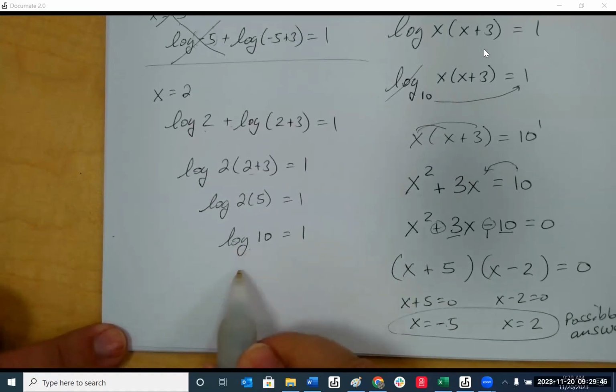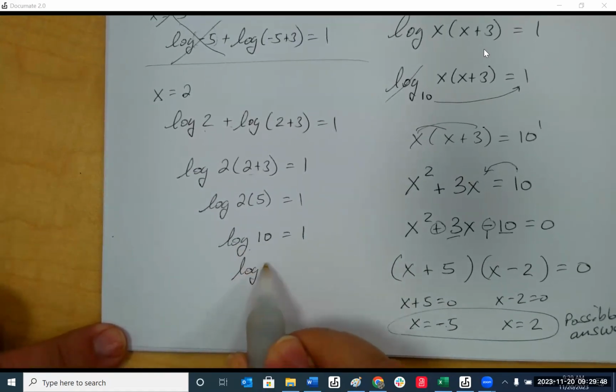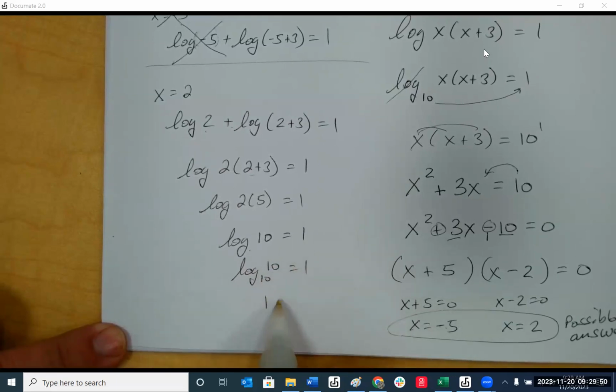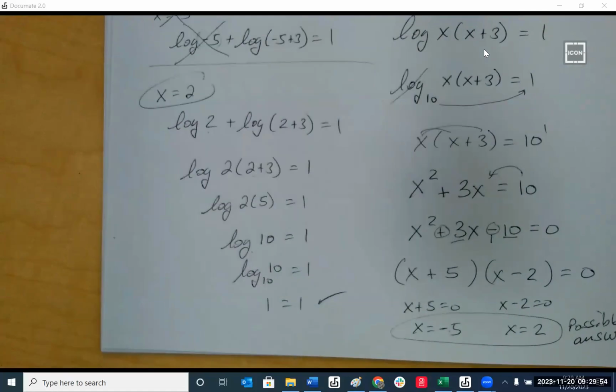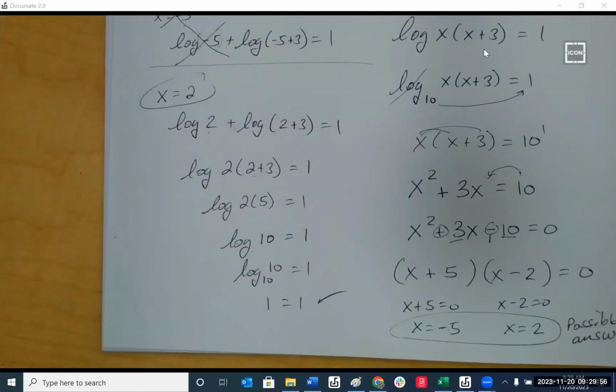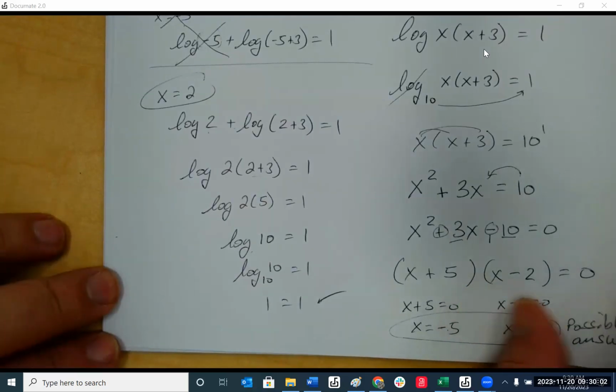Log base 10 of 10 is 1. So x equals 2 is our answer. Always check your answers because remember, you cannot have a negative logarithmic function.